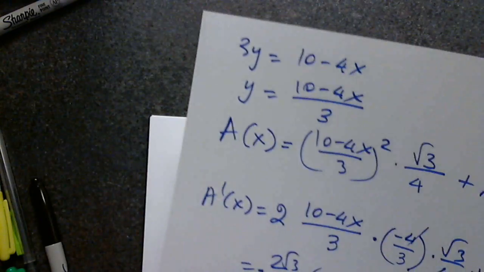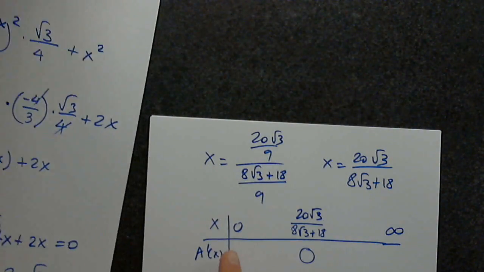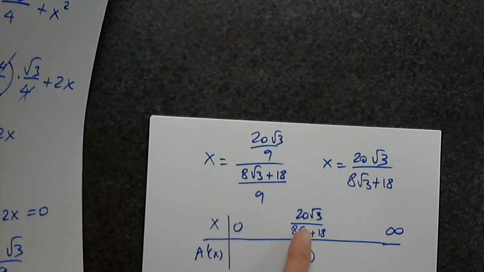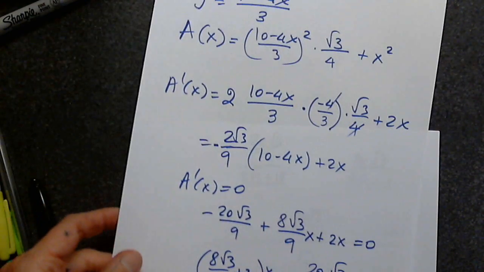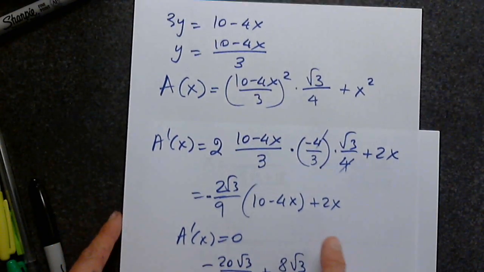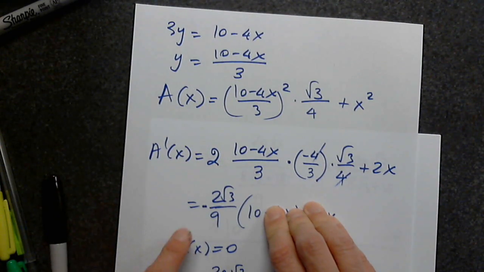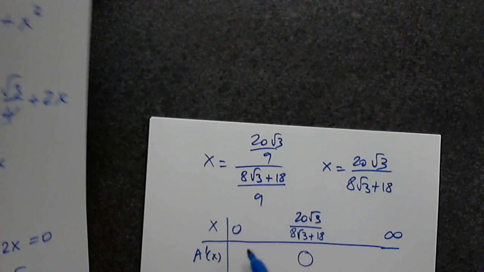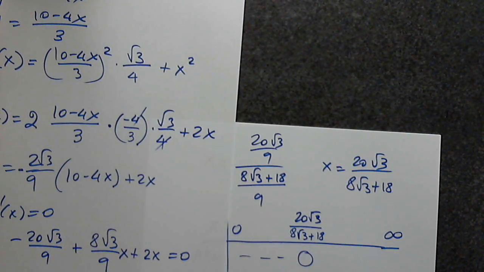So let's plug in 0 and see what happens in A prime. So in A prime, if I plug in 0, so see the sign here, what do I get? 0. This is 0. This is 0. So it's negative. Now if I plug in, I don't know what, I have to approximate to make sure. Of course, the whole thing is 10 meters long.